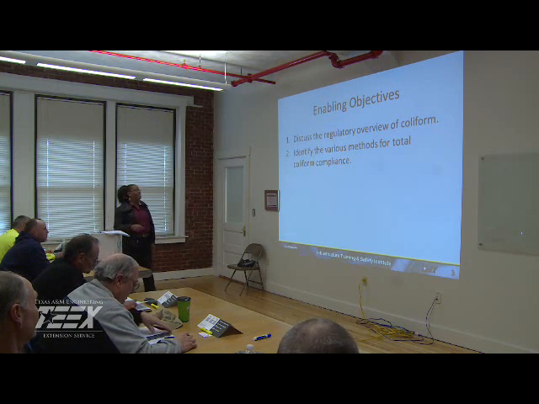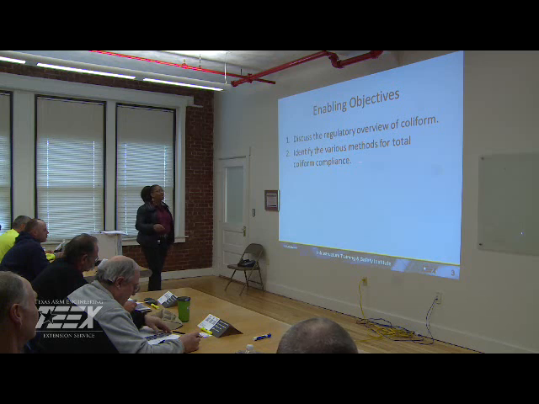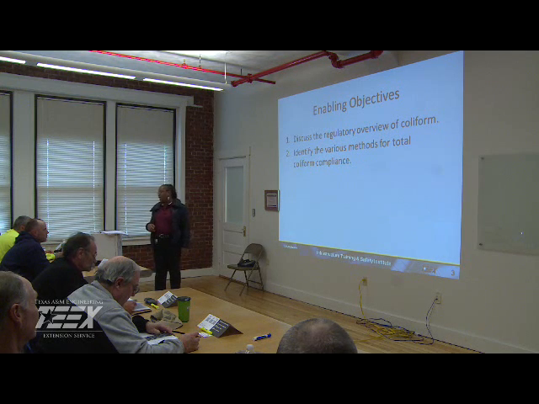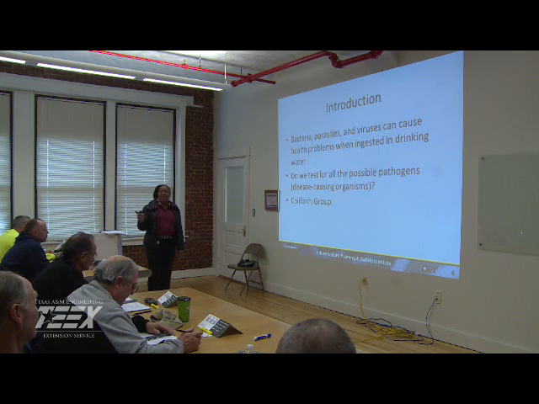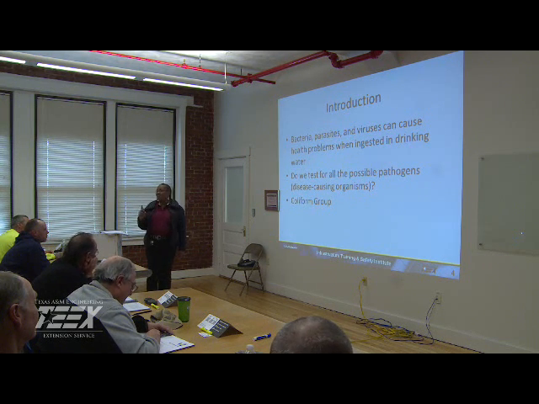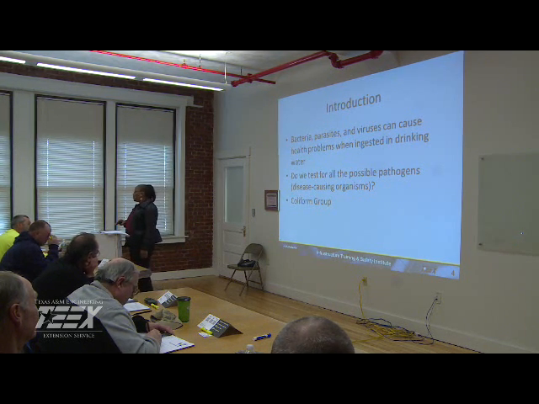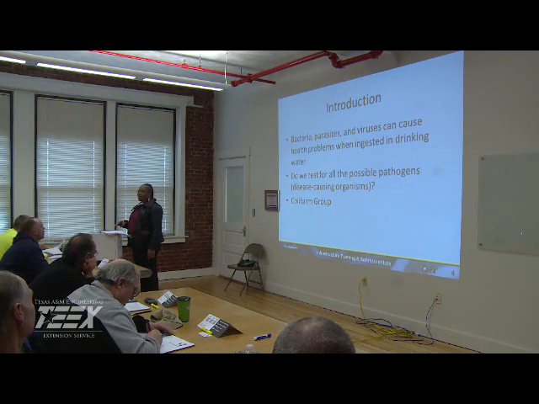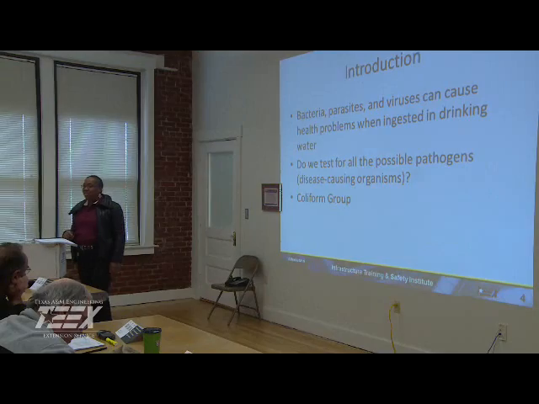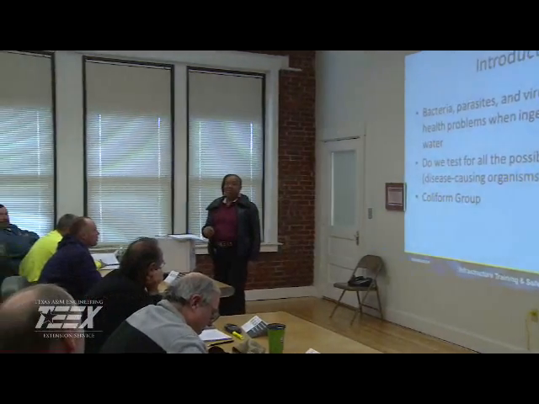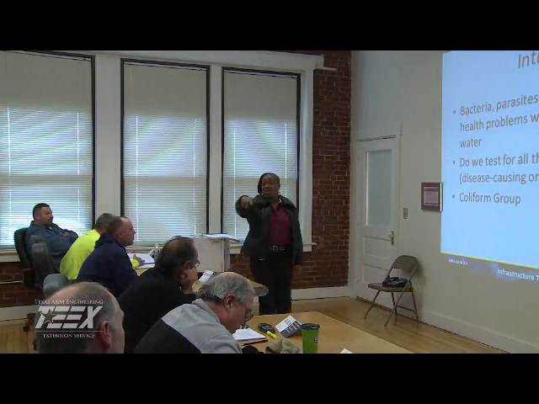Now, as the film indicated, who all must collect total coliform samples? Which types of systems? All public water systems. You're absolutely right. So we're looking at community as well as non-community.